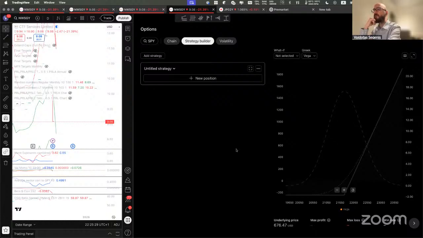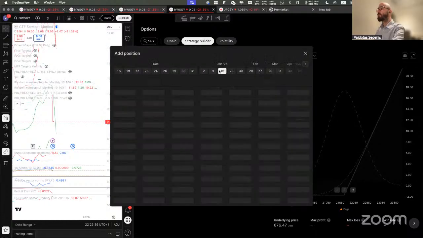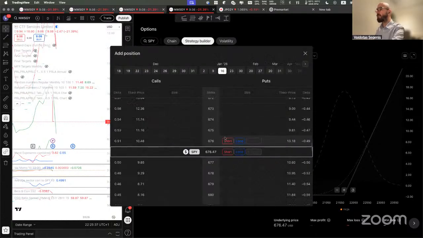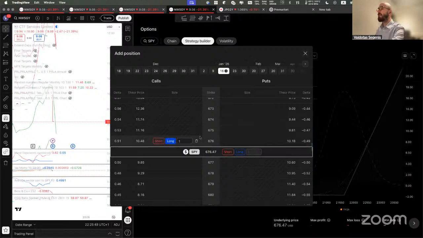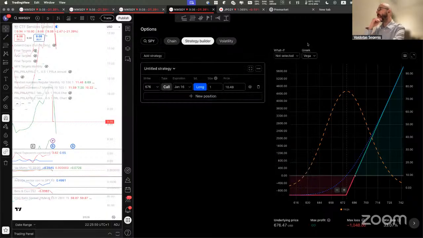So now, where the options come into play. What if we simply buy a call option instead of buying a stock, which again, we will not do mostly. But basically, in this case, we bought a put. I don't know why we did that. Okay. So, call option.